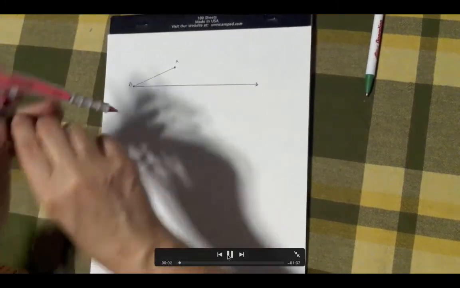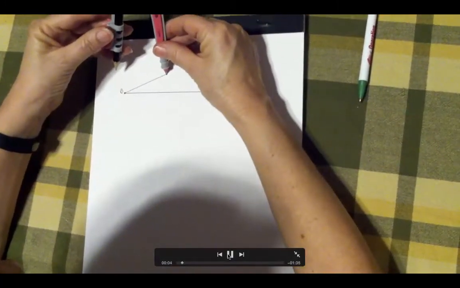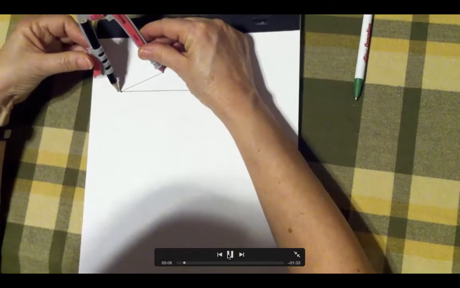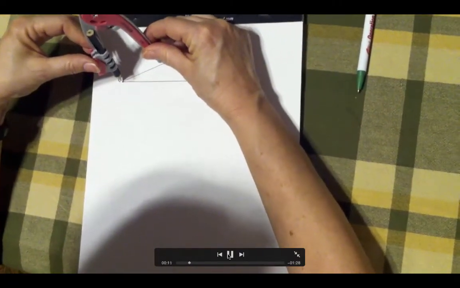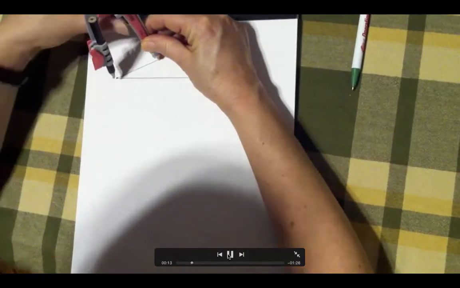So the first thing that's going to happen is I want to measure the distance between A and B. So I'm going to use my compass to do that. I'm going to put my point on the A and my pencil on the B so that I get the distance.